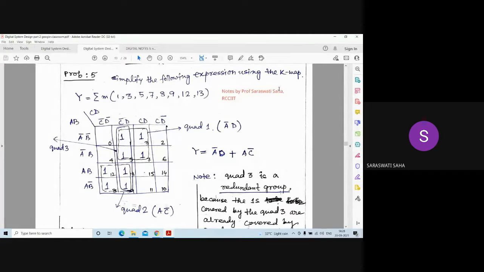First question is, y is not given in the form of A, B, C, D, so how can we guess the number of input variables from these expressions?